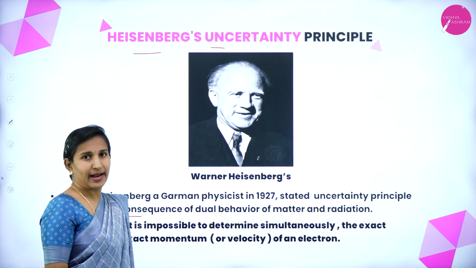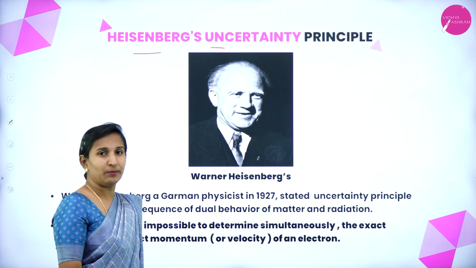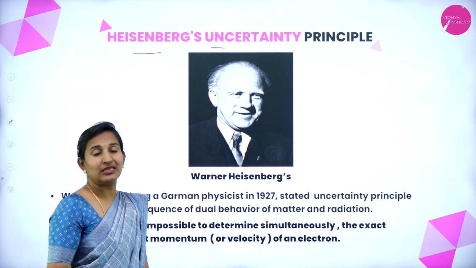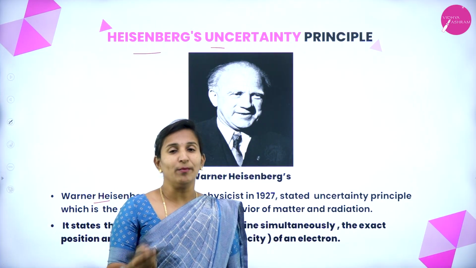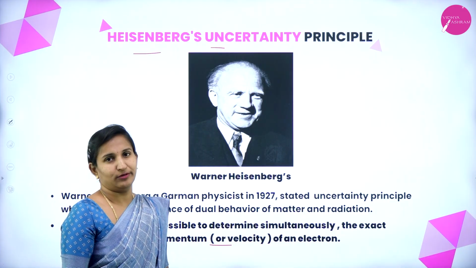Heisenberg's uncertainty principle. Werner Heisenberg, German physicist, in 1927 stated the uncertainty principle, which is a consequence of dual behavior of matter and radiation. It states that it is impossible to determine simultaneously the exact position and momentum of an electron, or the velocity of an electron.